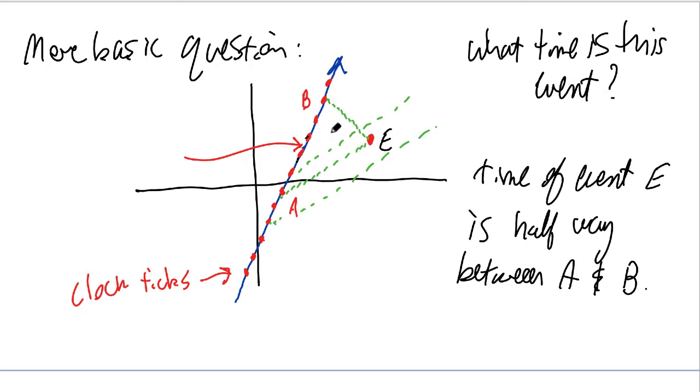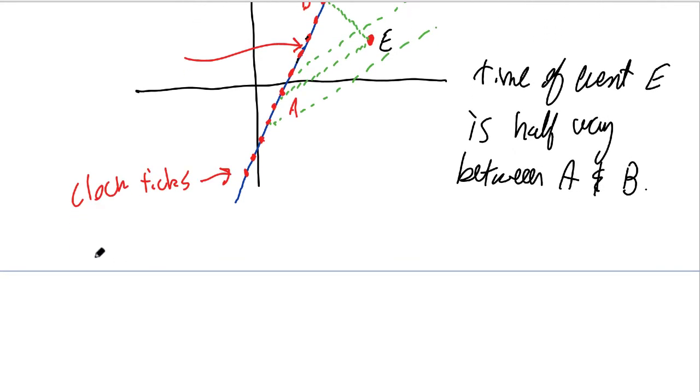One other observation about this diagram that I want to make, and that is, you'll notice that I've tried to draw these light rays as angles of about 45 degrees in the diagram. And that's because, remember, light rays are null, meaning they connect events that are light-like separated.